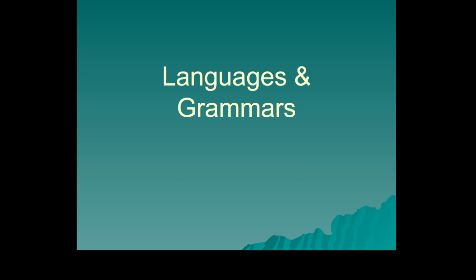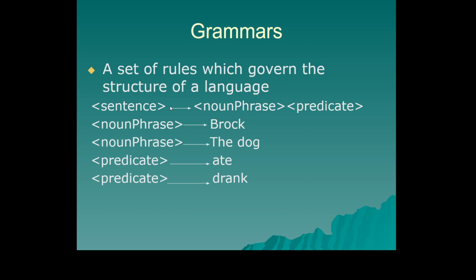So a grammar is basically a set of rules. As we go through this video series, I'm going to make some quick videos going through the slides that are posted. But basically, a grammar is a set of rules which govern how you can structure things in a language. So what is a valid line of Java code?